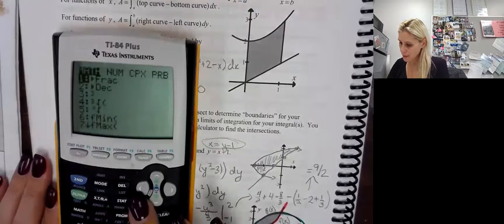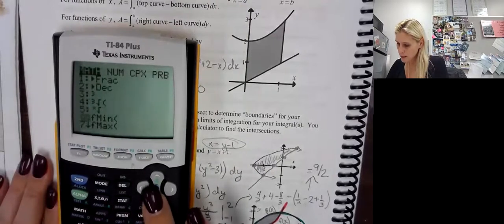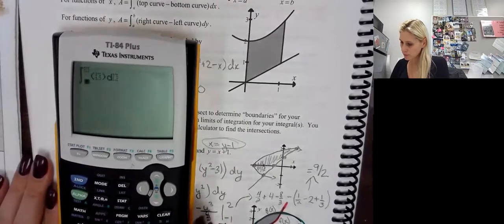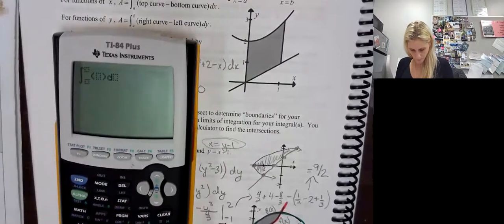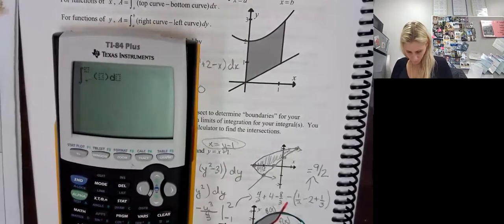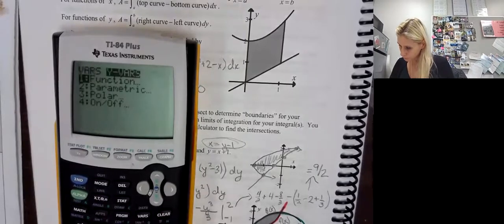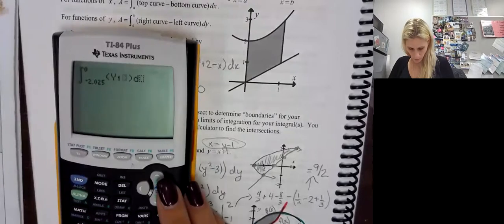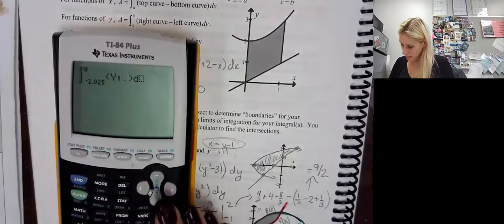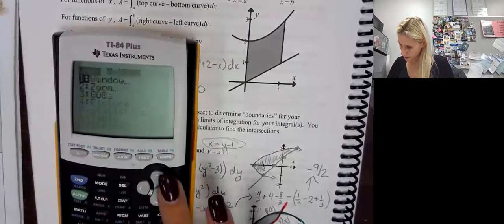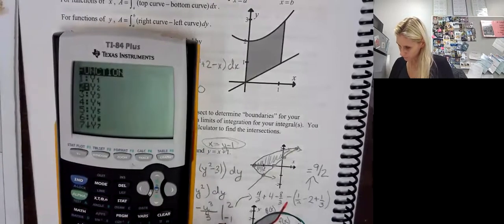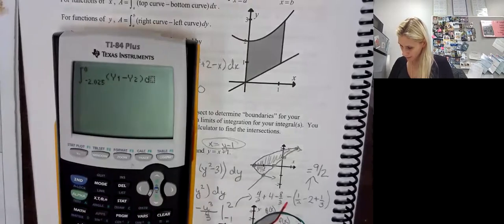I'm going to go math, integral, and I'm going from the negative 2.025 to 0 of y1 minus y2 dx.